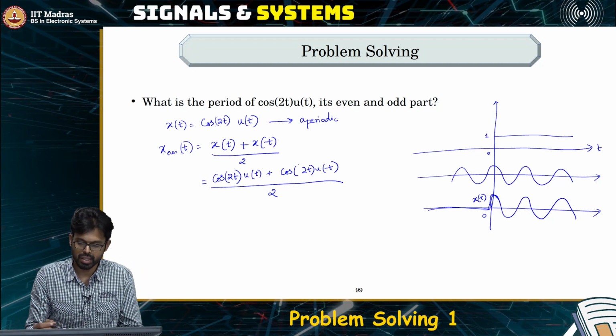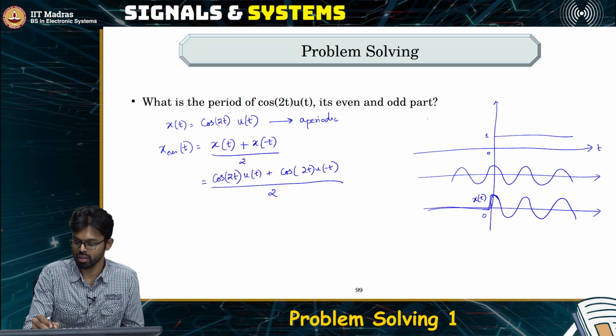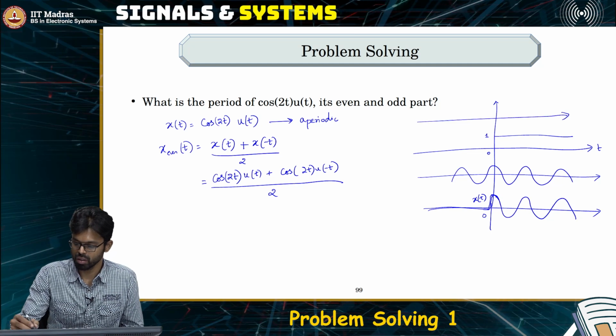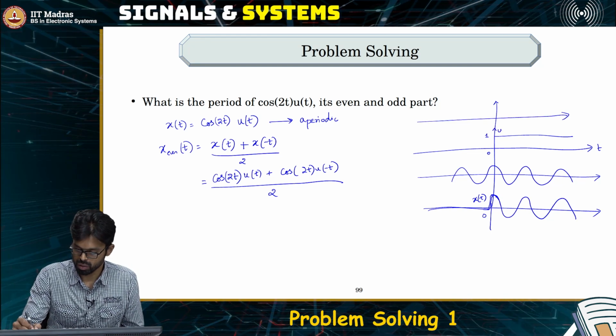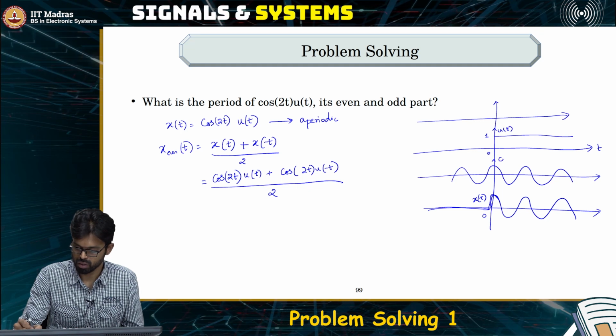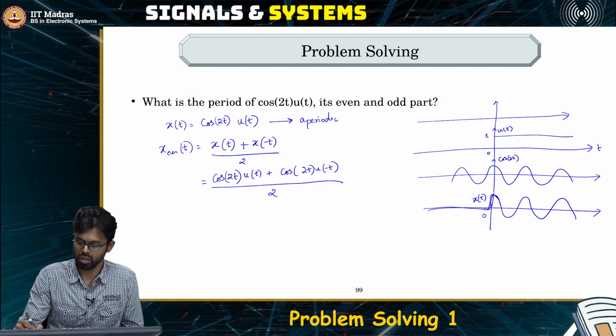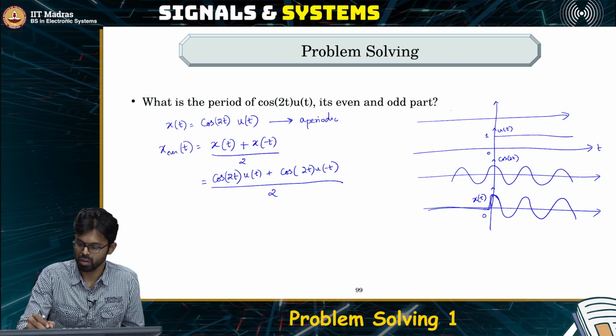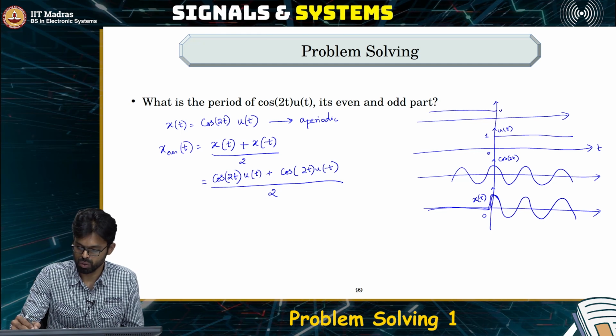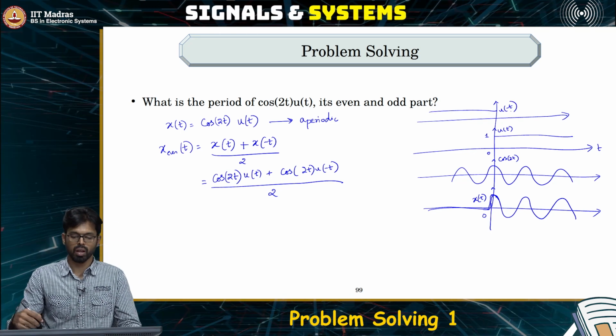So, what is this signal? Basically now we have u of t cos 2t and u of minus t.